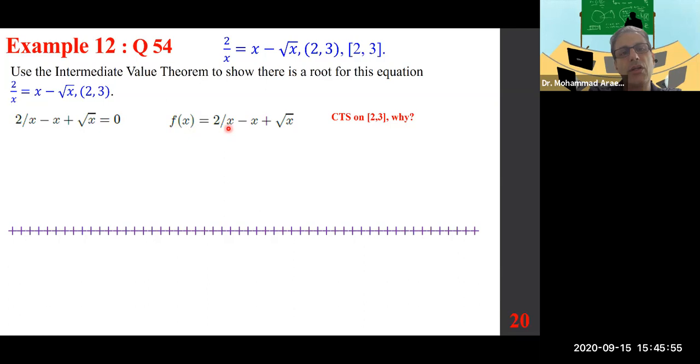This is a combination of a rational function, a linear function, and a square root. So if we were to write the domain, it would be zero to infinity. Let's see why.